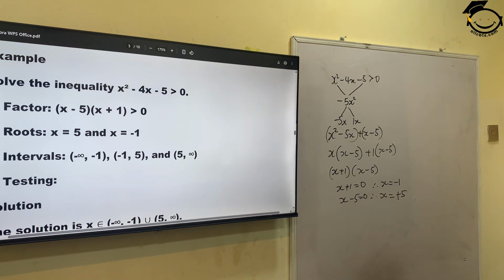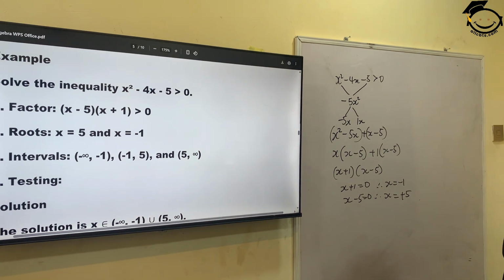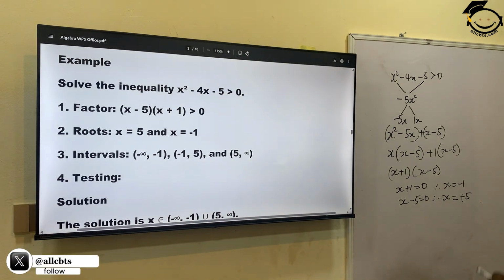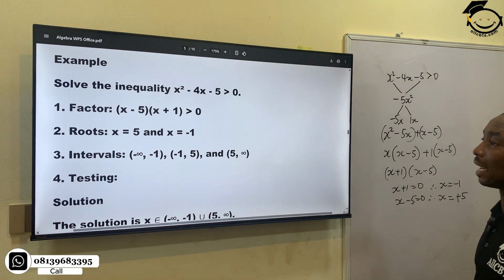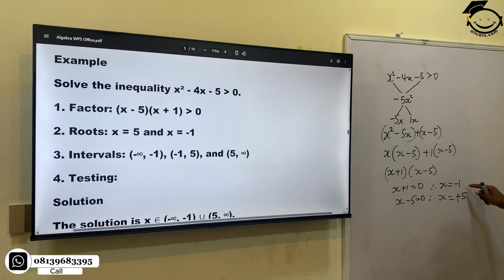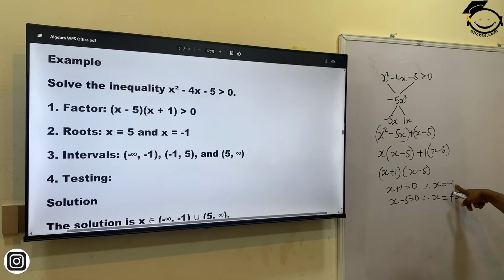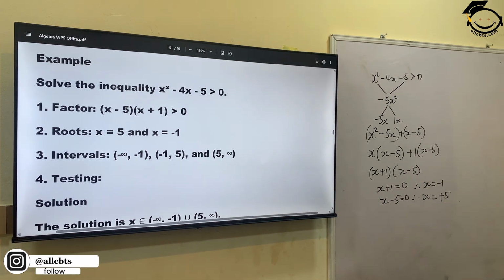Okay, now the roots of our equation will become minus 1 and plus 5. Now, if we look at the intervals, we have our intervals ranging from minus 1 to positive 5.